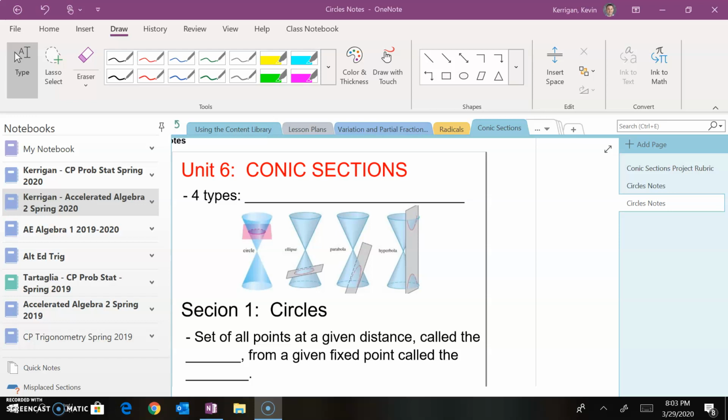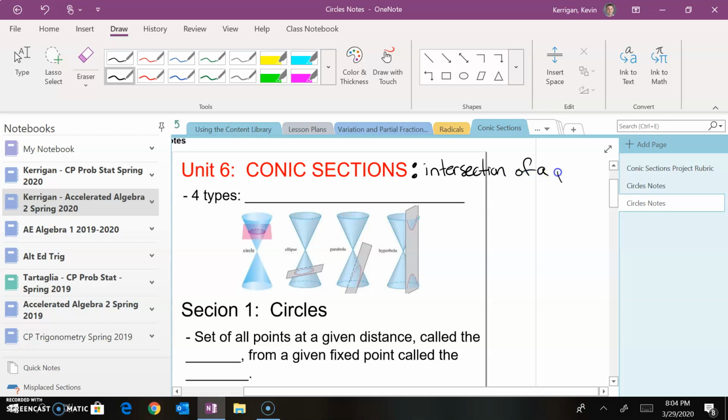Before we do that, conic sections in general, by definition, are the intersection of a plane and a cone.